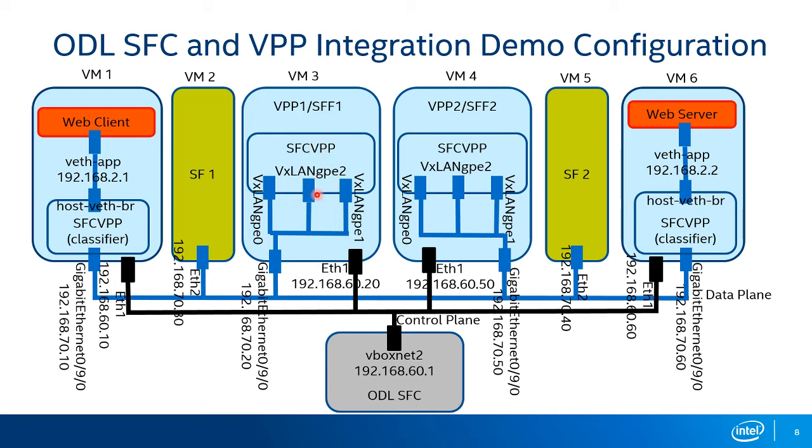All the traffic from and to the service function forwarder will go through this gigabit Ethernet interface. The blue network is a data plane network. The black network is a control plane network. OpenDaylight SFC is running in the host machine. It configures the service function forwarder and classifier via the control plane network.